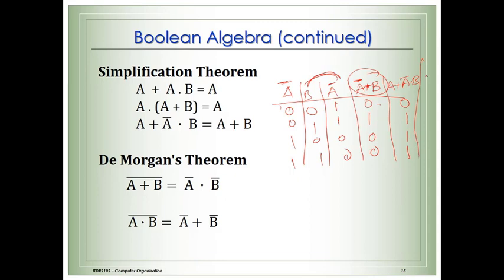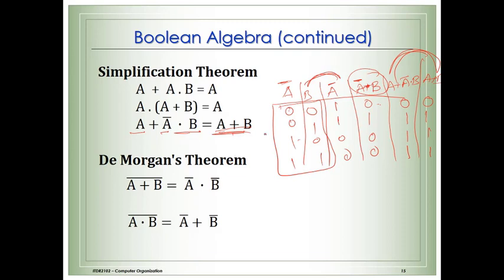Now simply you go and perform A plus B, A OR B between these two variables. So here you will get 0, here 1, here 1, and here 1, and you see this and this is the same, means A OR (not A AND B) is equivalent to A OR B, correct? So this is an identity in Boolean algebra.